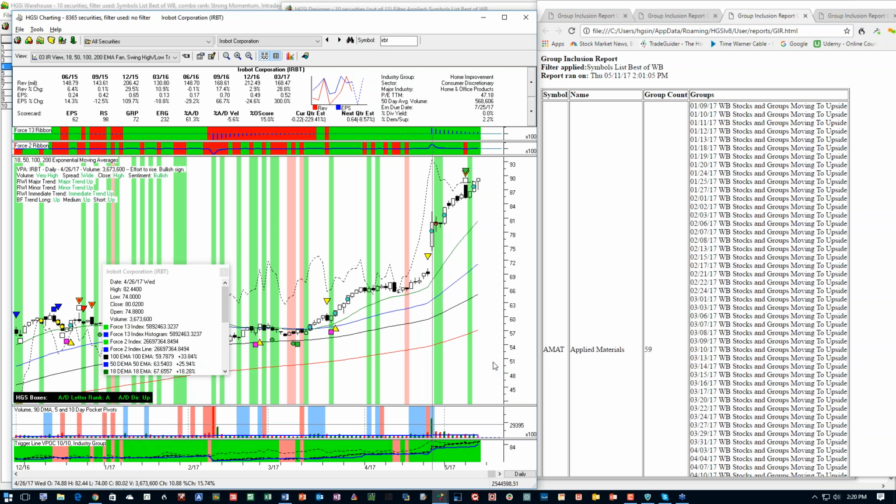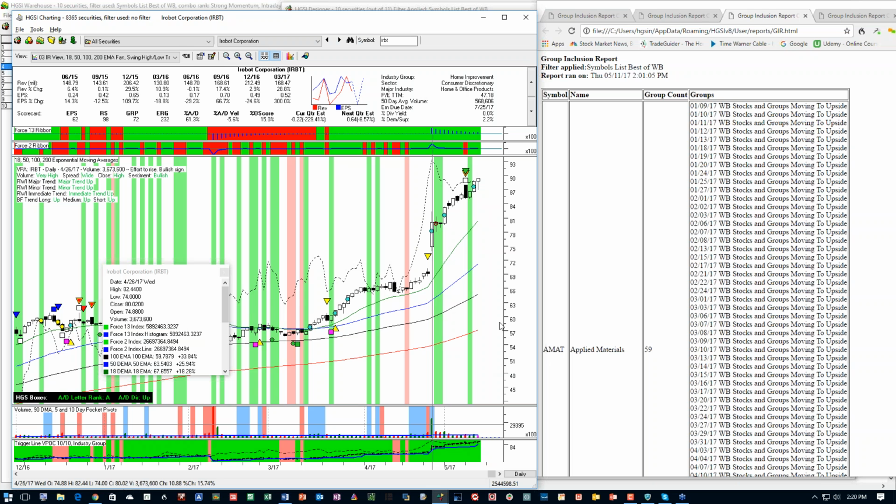And what that means is the demand is greater than the supply, because if a stock continues to go up on low volume, every time there is selling, there is enough demand under the stock that people are absorbing the selling, and it's going to go up if there's more demand than there is supply.